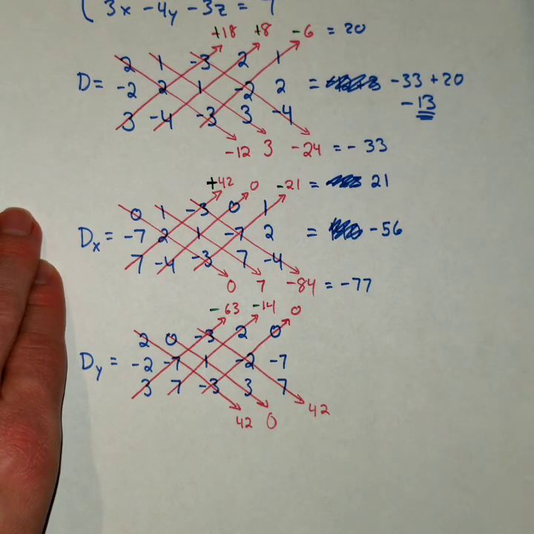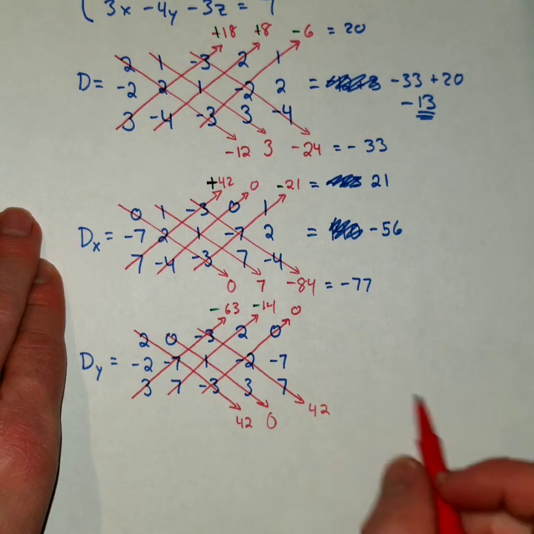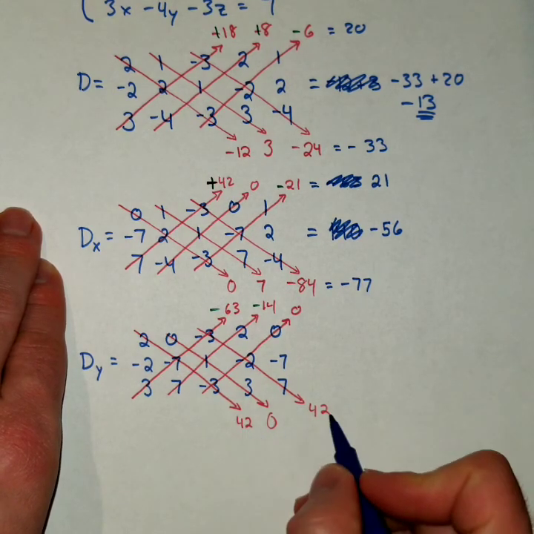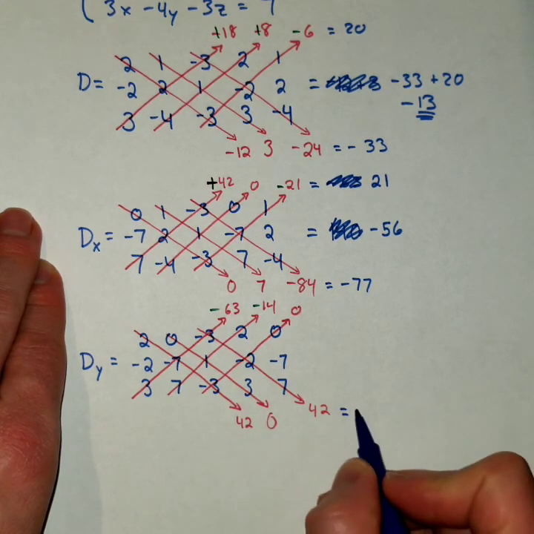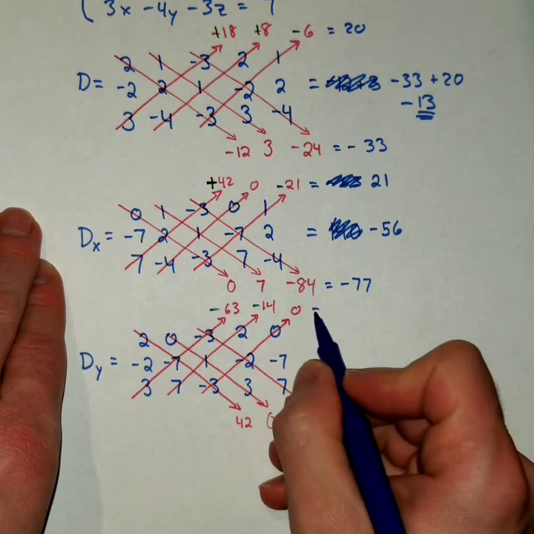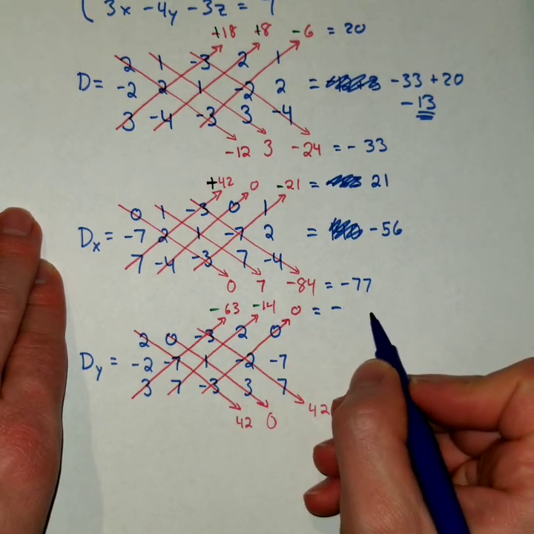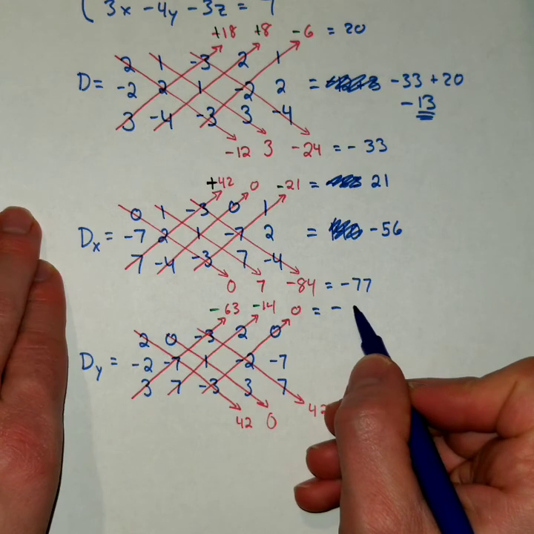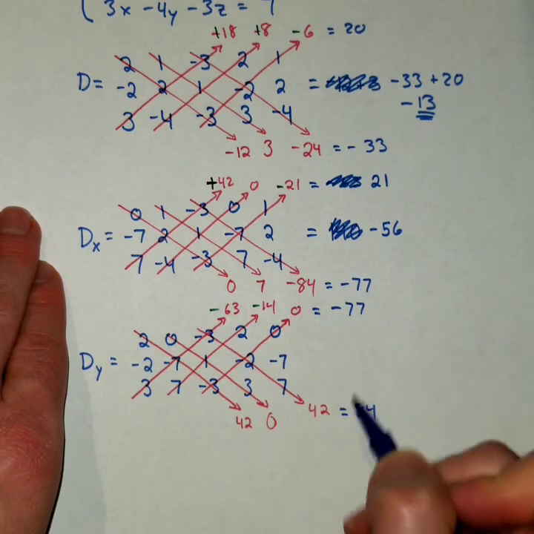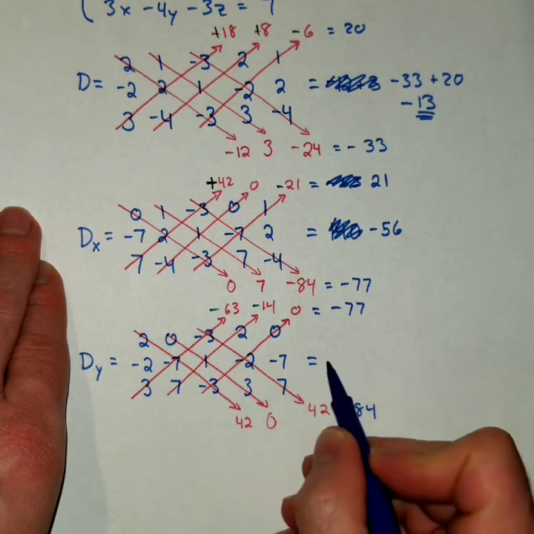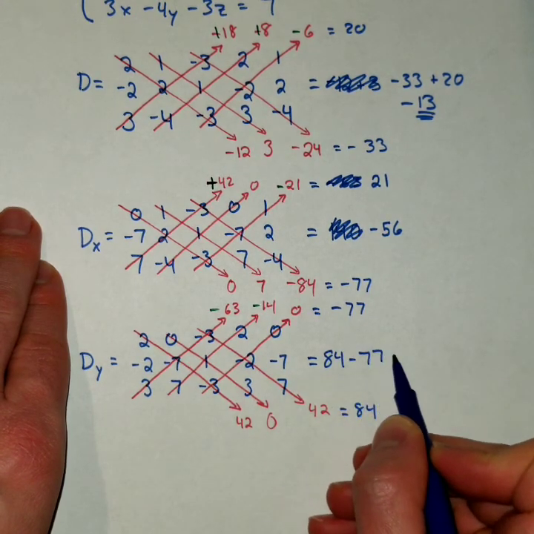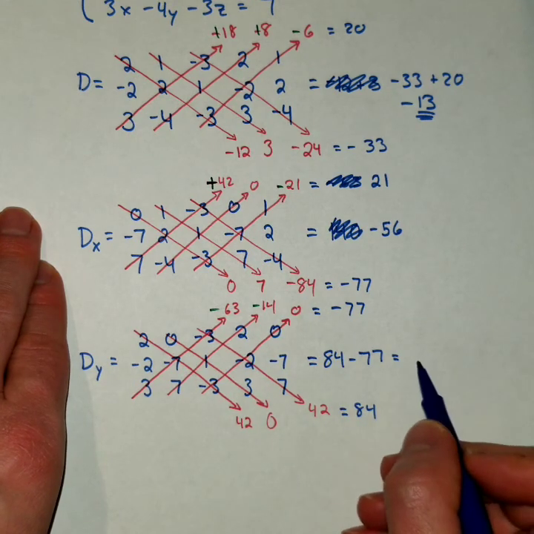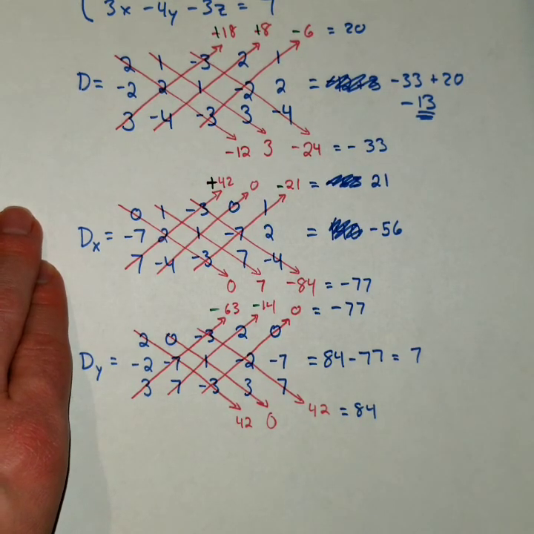On the bottom, looks like I get an 84, and on the top, it looks like I get a negative 77. Negative 77? Yeah, looks right. And so when I take 84 and negative 77, that should give me a 7. Yeah, that sounds about right.